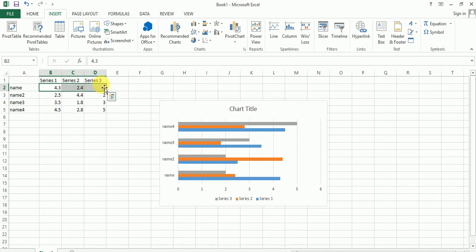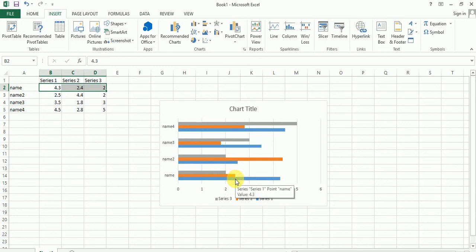Okay, so the value axis is horizontal. We use values on the horizontal axis, whereas categories are on the vertical axis. This one, yes, vertical axis. This one is first, yes, 4.3. This one is last.